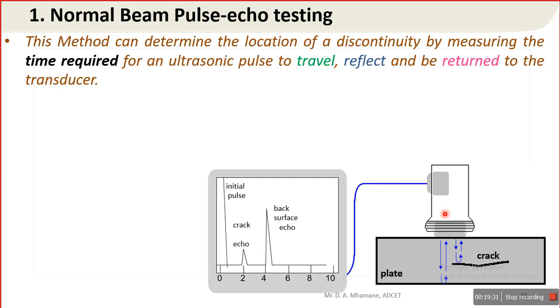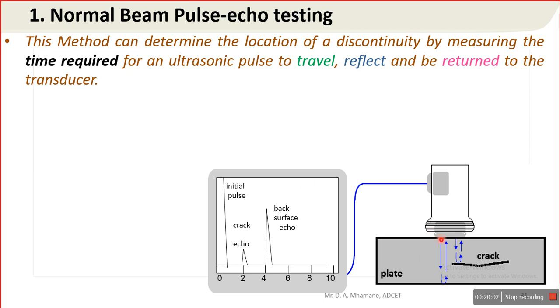So this method can determine the location of a discontinuity by measuring the time required. On the x-axis time is plotted, on the y-axis amplitude, or we can say intensity of sound, is plotted. So this method measures the time required for an ultrasonic pulse to travel, reflect and return to the transducer.